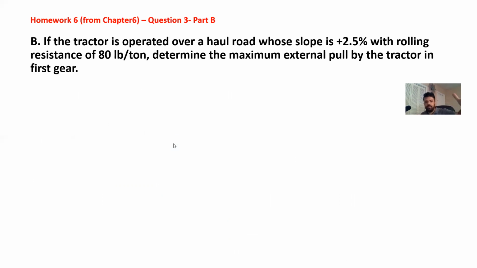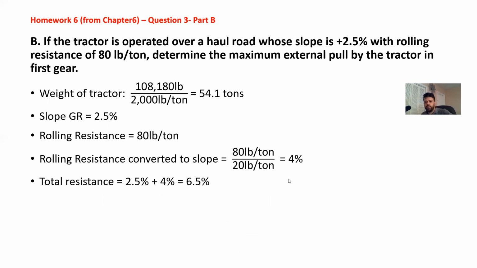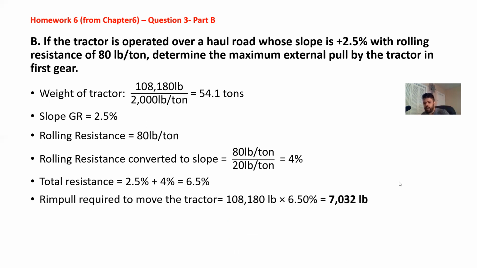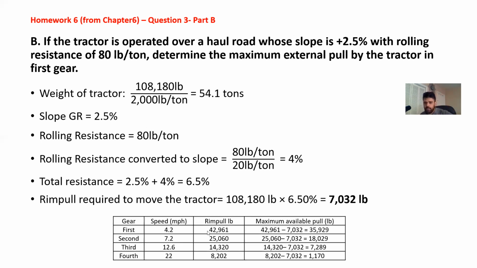But we now know that a good part of it, or 7,000 pounds of it, should be consumed to overcome the resisting forces. So in each line, we have to deduct this number from the rim pull that the machine generates, and the number we find will be the maximum available pull, okay?